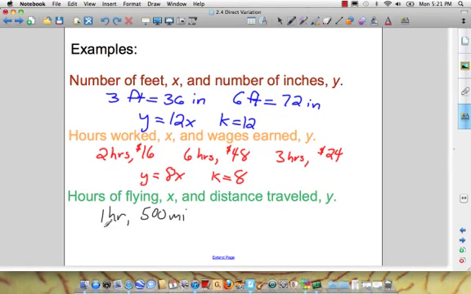And if you double that, 2 hours, well, now you're going to go 1,000 miles. And suppose you multiply the 2 hours by 4, 8 hours, quadrupling. Well, I multiplied 2 by 4, so 1,000 times 4 is 4,000.